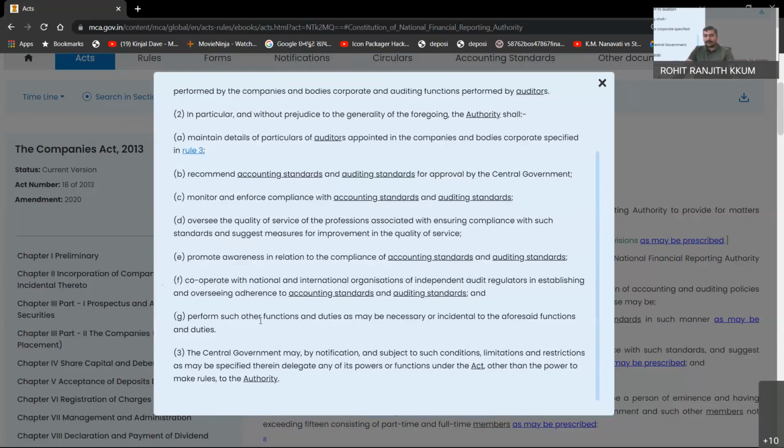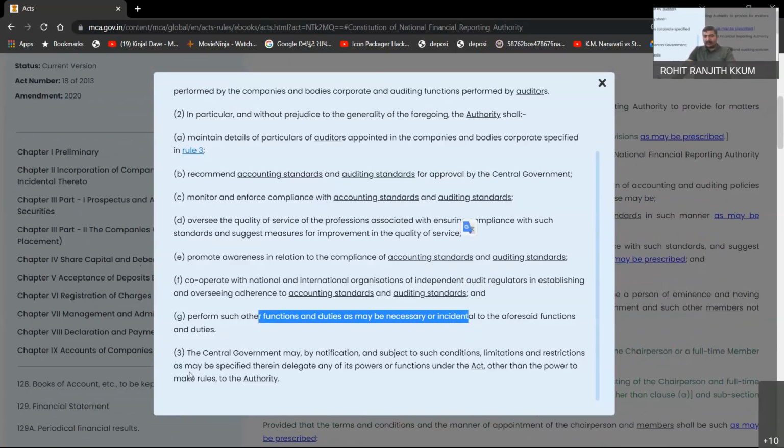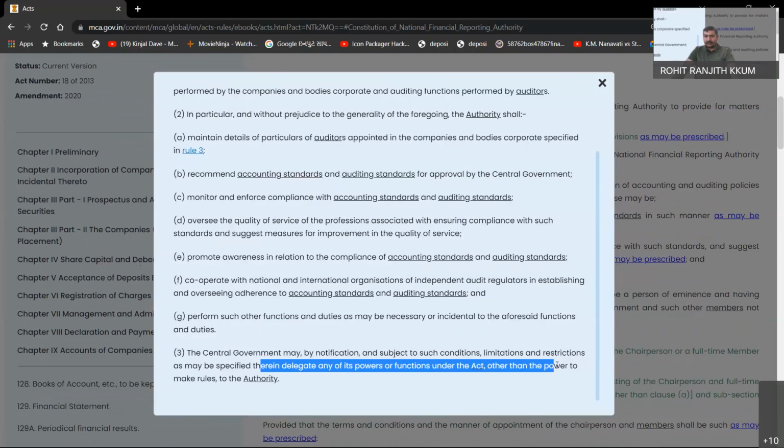Perform such other functions which are necessary to satisfy the above functions. The central government may, by notification and subject to such conditions, limitations, and restrictions, delegate these powers and functions under this act to the authority to make such rules.